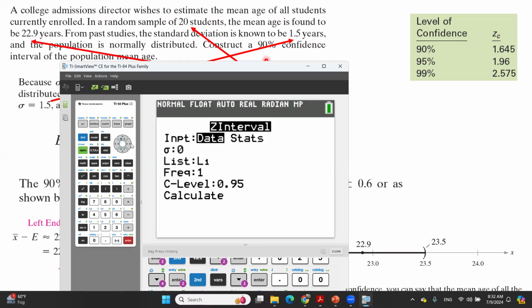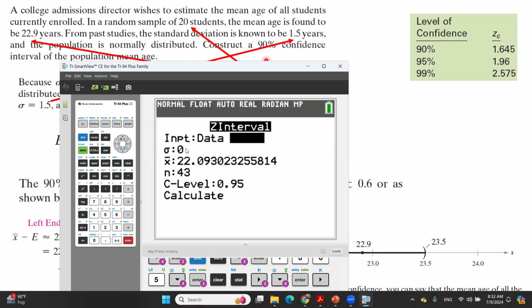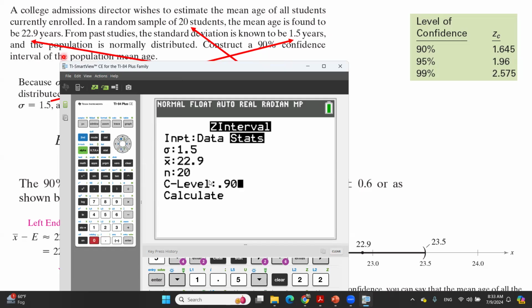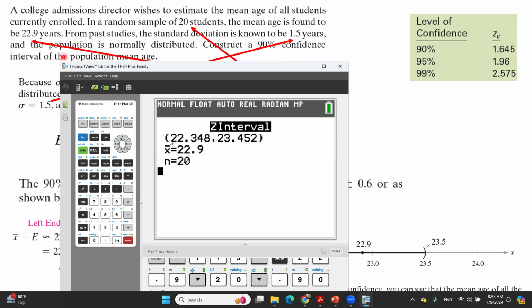We don't have the actual data, so use the arrow key to go to Stat. In the Stat, we know that sigma is 1.5 years. So hit 1.5. What is X bar? X bar is 22.9. What is N? We have 20 students, so 20, and the level of confidence is 90%, so 0.90. Let us hit calculate by entering.